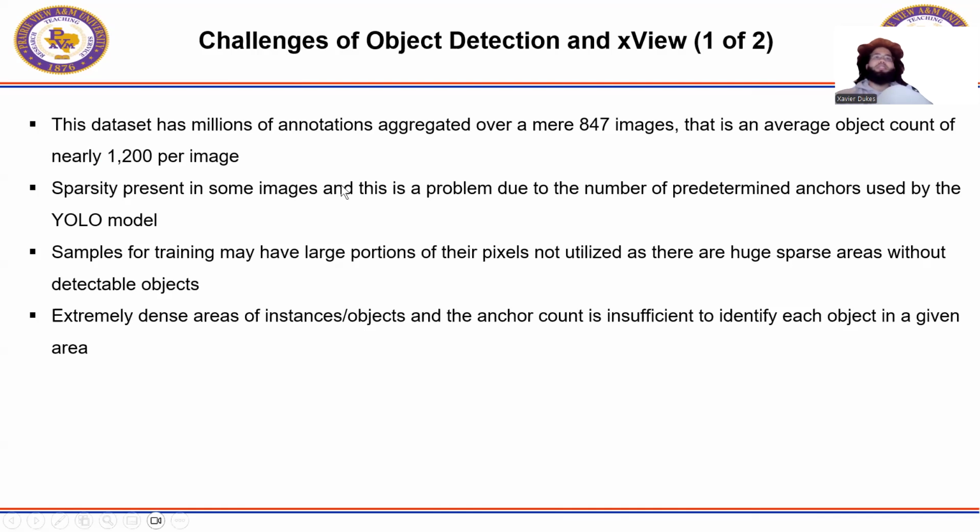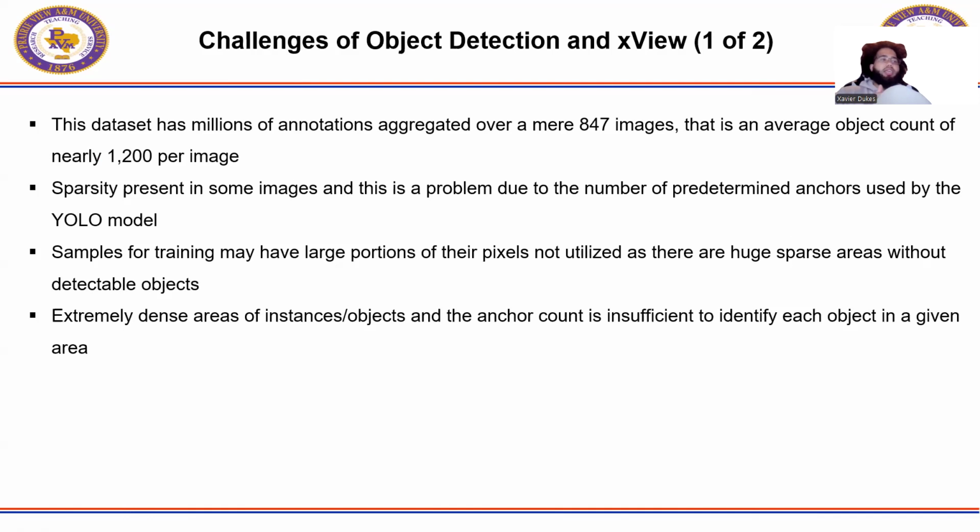Sparsity present in some images is a problem due to a number of predetermined anchors used by the YOLO model. The YOLO model actually has a genetic algorithm that does some evolutionary training to determine the appropriate number of anchor boxes that should be present on images.